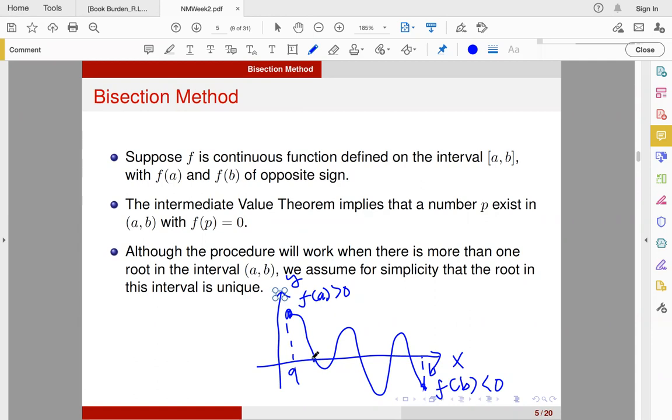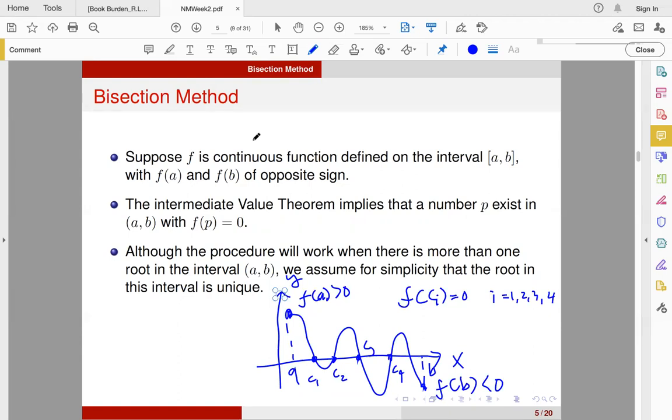Let's say c1, c2, c3, and c4. Okay, it could be like this. Therefore, our aim is to find all of these points such that f(ci) = 0 for i = 1, 2, 3, 4.